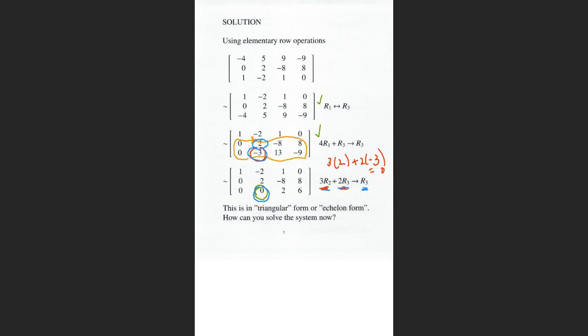That is an elementary row operation, a replacement. So you've seen here an interchange, and then you've seen 2 replacements occur.